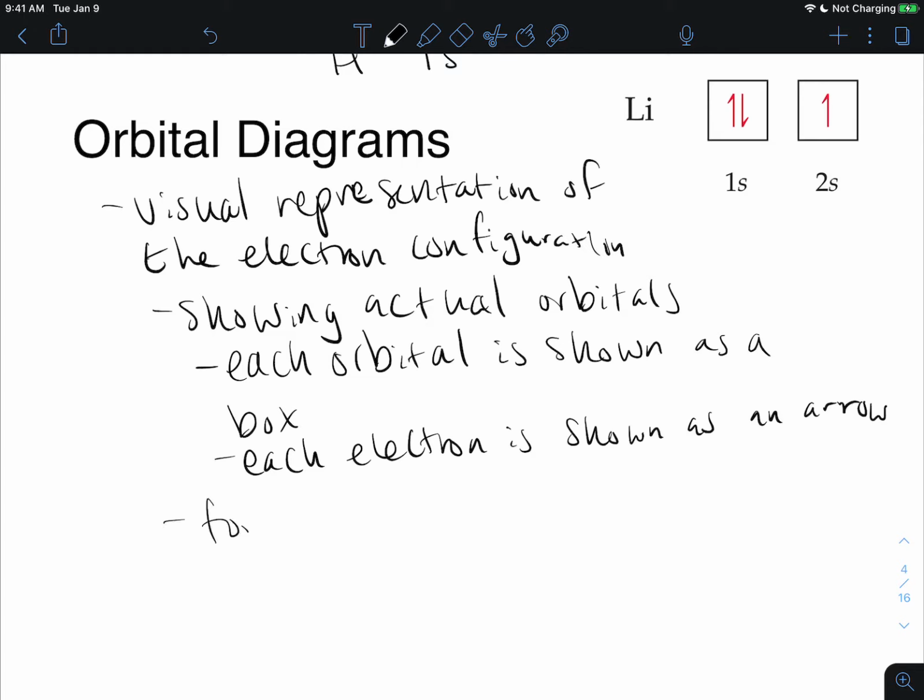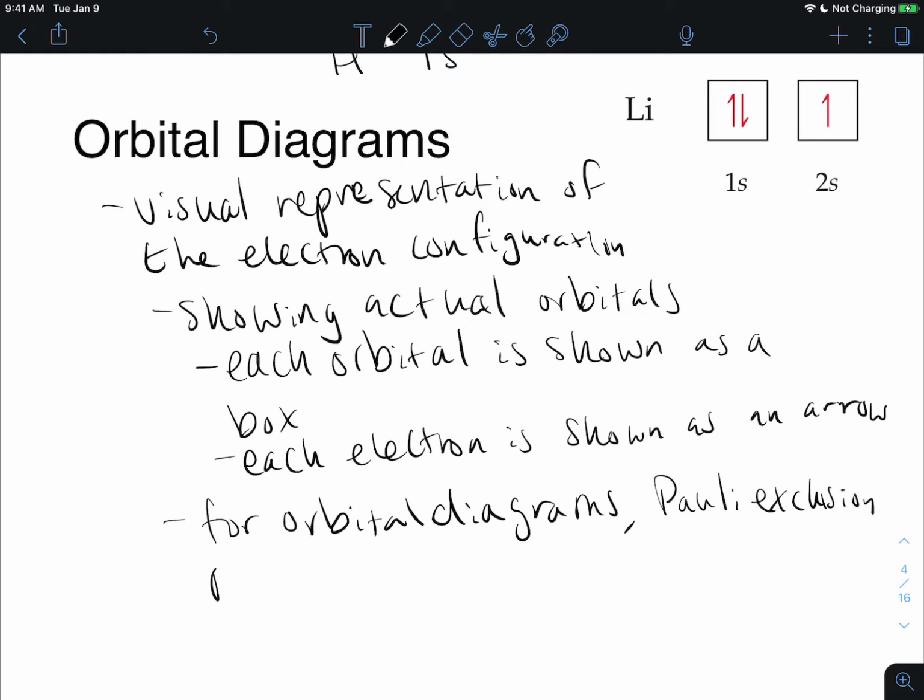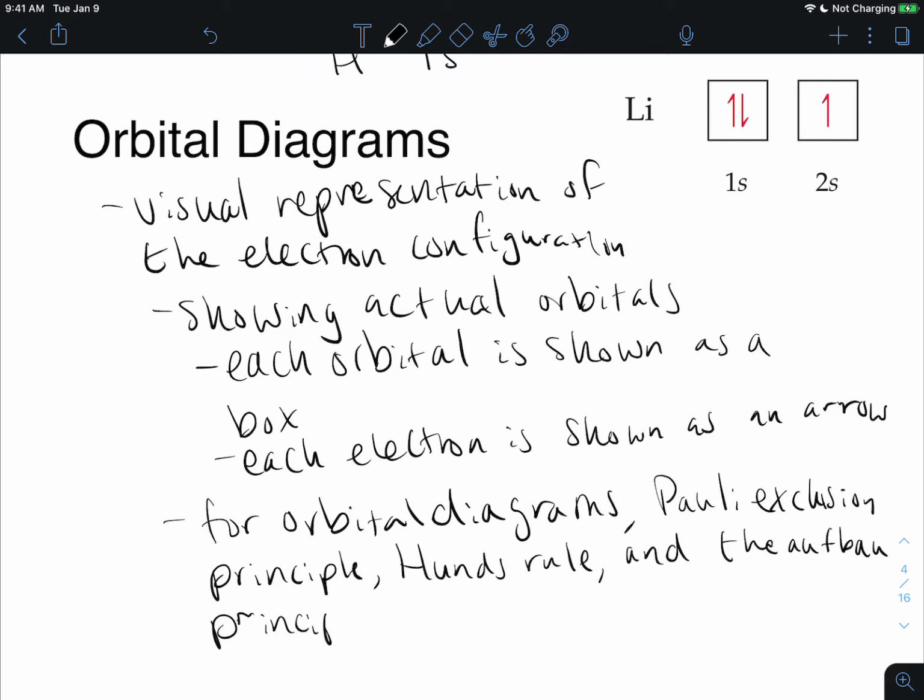So for orbital diagrams, Pauli exclusion principle, Hund's rule, and the Aufbau principle are all observed.